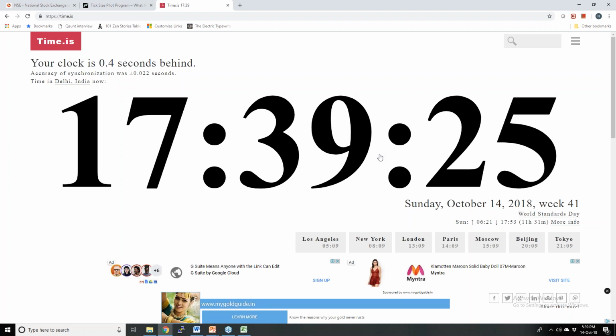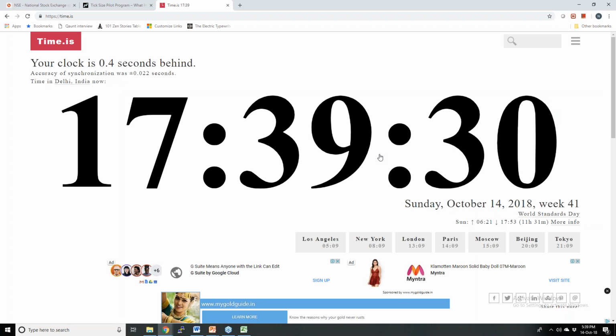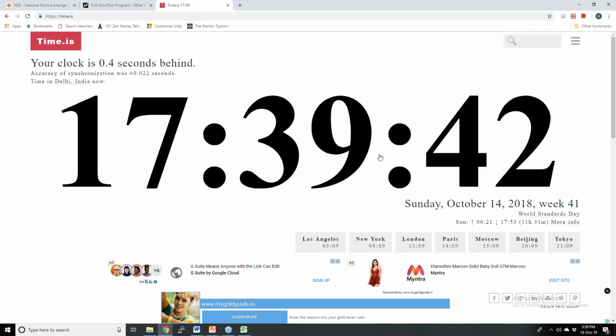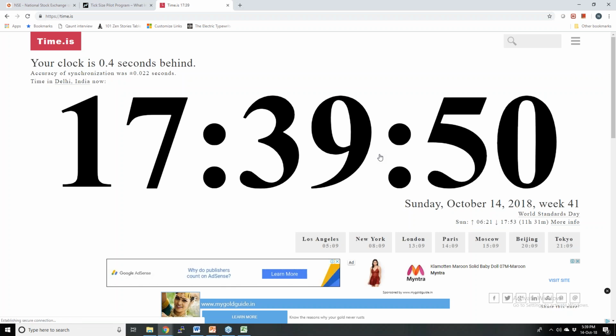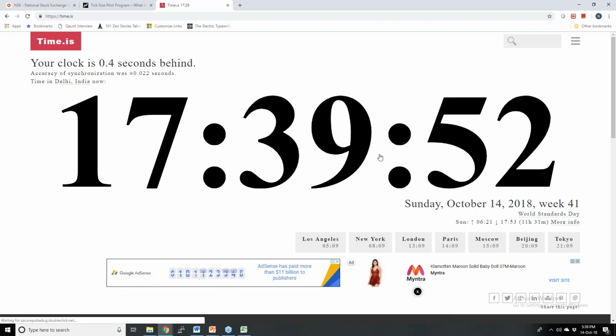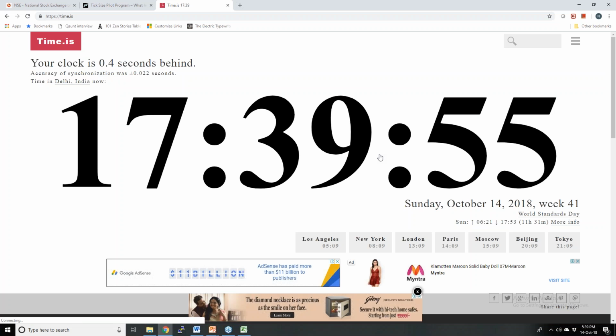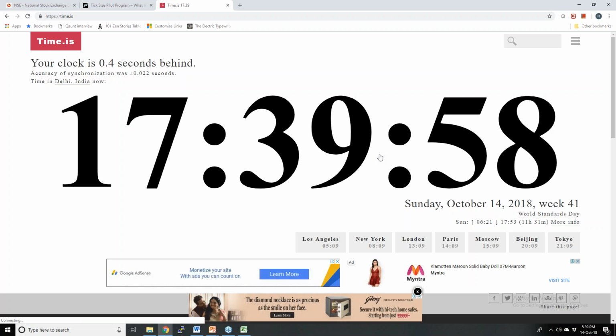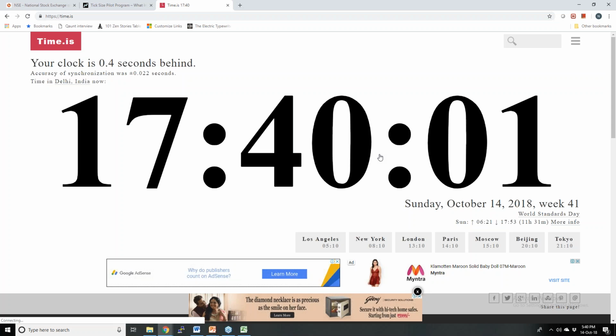There's a question: why is the open price different from yesterday's close price? My friend, because there might be news. Let me give you a simple example. Say there's an oil company with a lot of oil reserves, and on Thursday evening it closed at a price of $100.